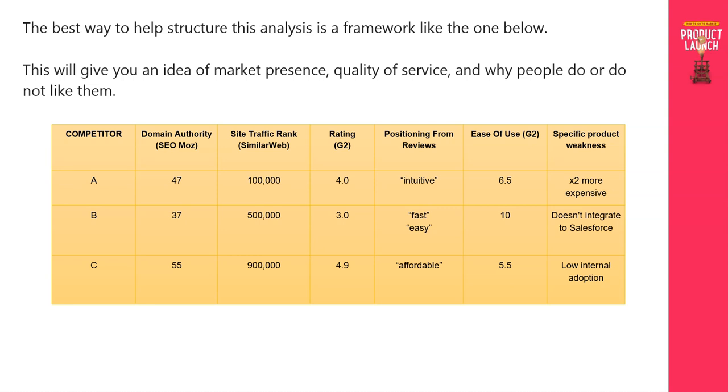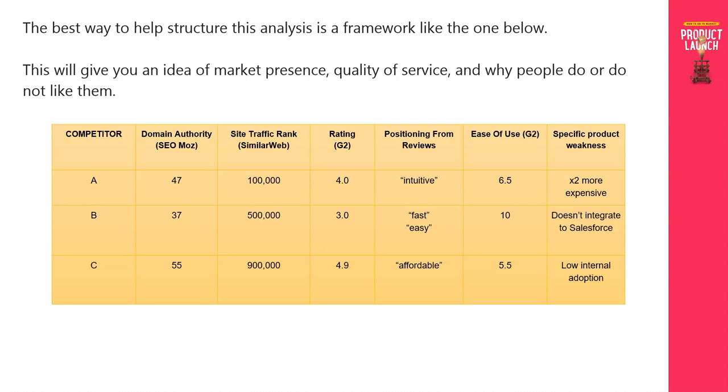Competitor A has a domain authority of 47, a site traffic rank of 100,000, a rating of 4.0, positioning from reviews is intuitive, ease of use is 6.5, specific product weakness is 2 times more expensive. Competitor B has a domain authority of 37, site traffic rank of 500,000, a rating of 3.0, positioning from reviews, fast and easy, ease of use is 10, specific product weakness is doesn't integrate to Salesforce.